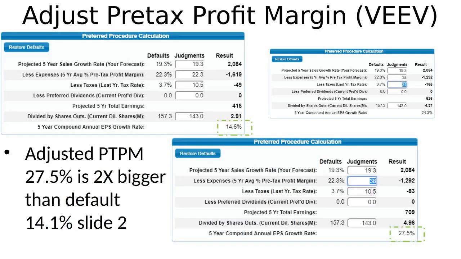The 38% is higher. So we put that in. The pre-tax profit was 22.3 right here, and the tax rate 10.5. So we can dial in 21% over here, right? And then we dial in 38%. And you can see that the adjusted pre-tax profit is 2 times bigger than the default from slide 2, 14.1%. It's now 27.5%. This is data that you're pulling out of the annual report and Value Line's projections.